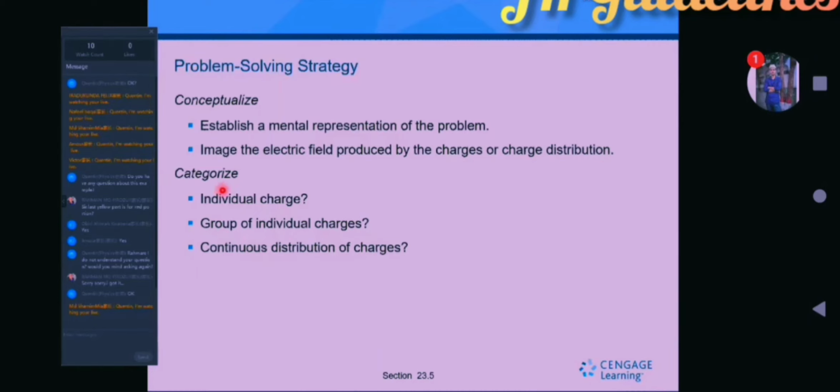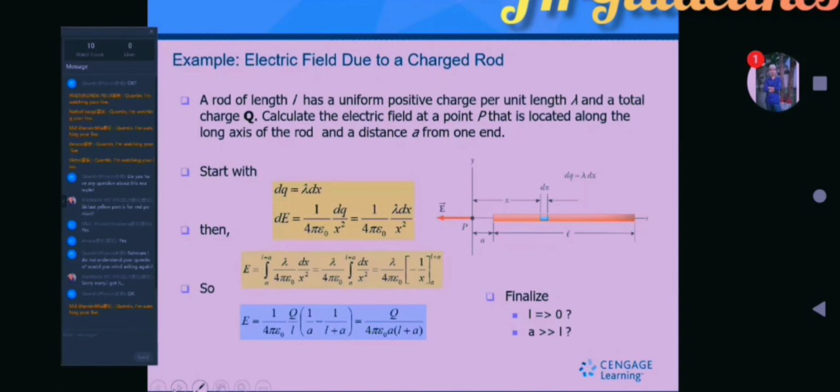Then we categorize the problem: is it an individual charge, a group of individual charges, or a continuous distribution of charges?